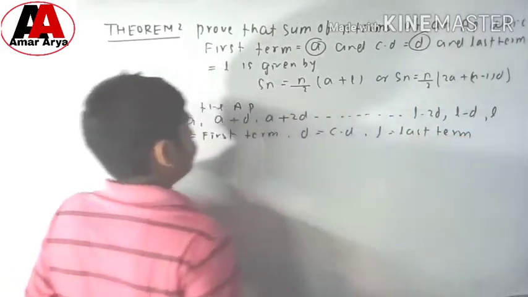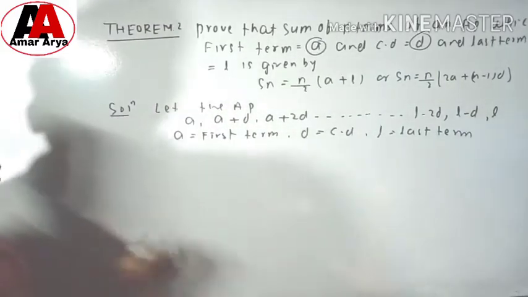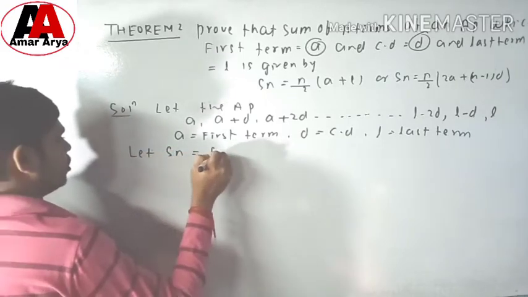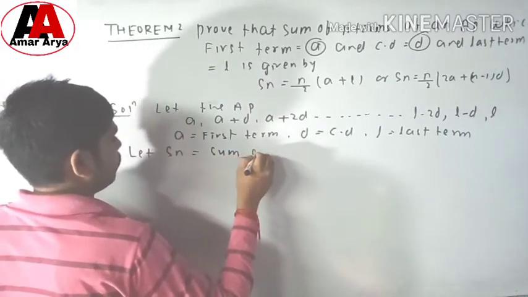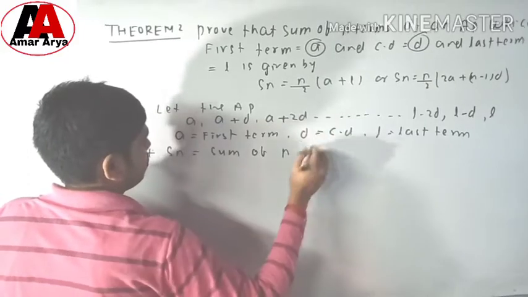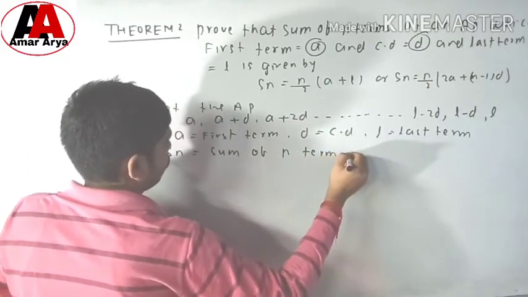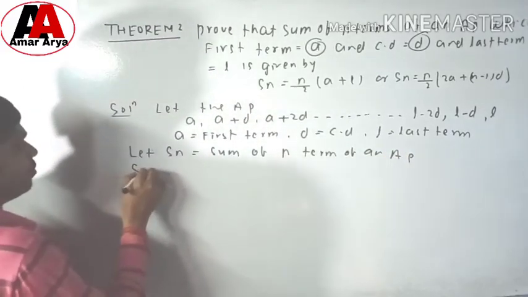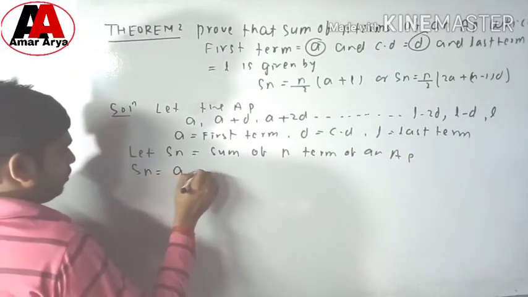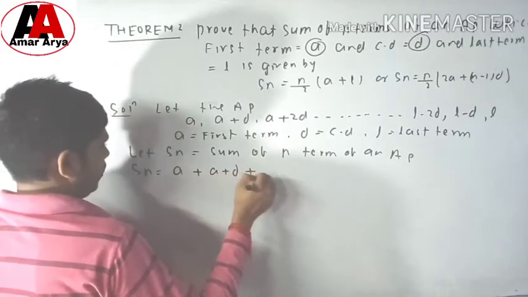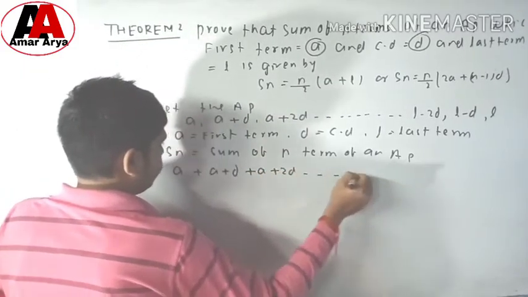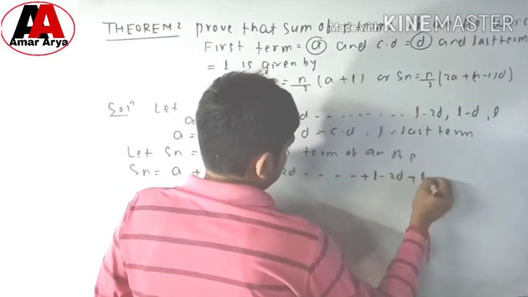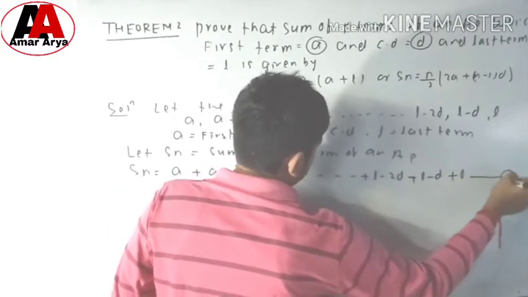If we add all of the terms, let Sn equal the sum of n terms of the AP. So we can write Sn equals A plus (A plus D) plus (A plus 2D) and so on up to (L minus 2D) plus (L minus D) plus L. This is equation number 1.